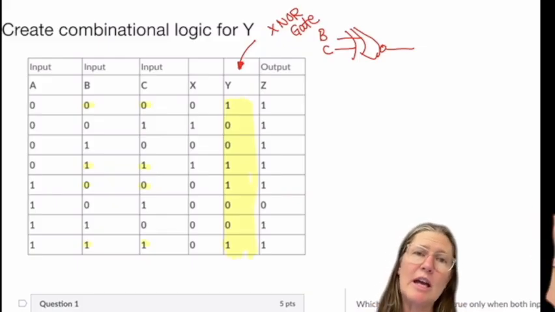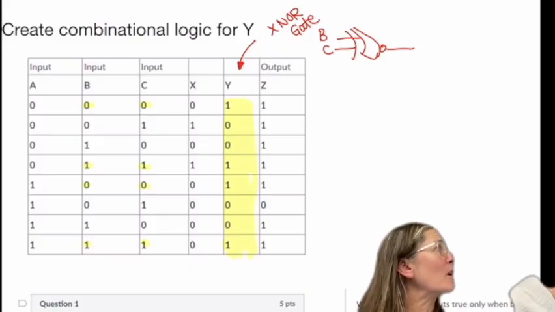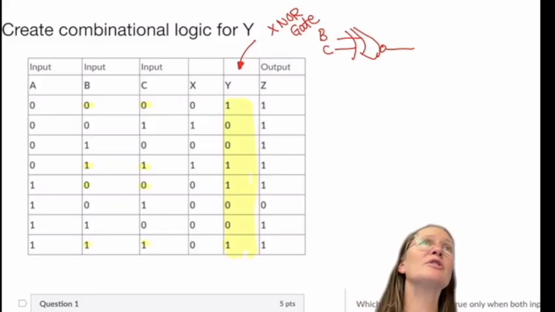The XNOR gate, when they're the same, you get a 1 out. When they're opposite, it's a 0 out. And you can see on those that it's the same there. So this could be just one single XNOR gate.